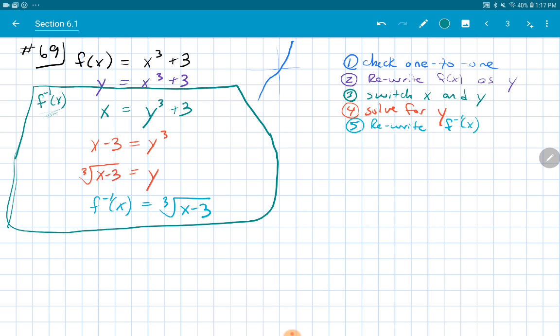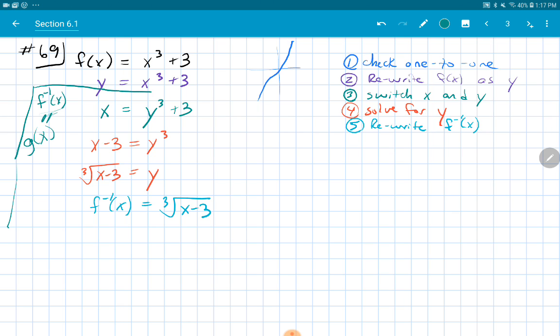Everything in there is a little bit different. And then I want to check, in fact, let's call the inverse function g of x, so that way I can do my composition. I'm just going to give myself a little more space.